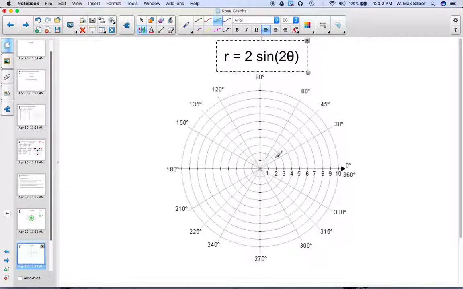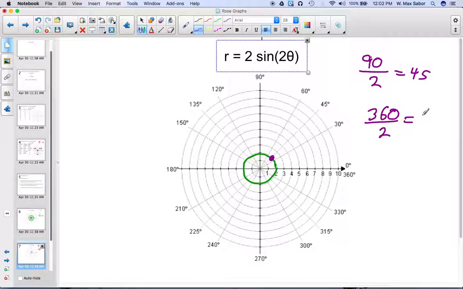Here, we're going to start with our radius being 2. Because it's sine, we're going to start from 90 divided by n, which is 45 degrees. We're going to place petals that are evenly spaced.